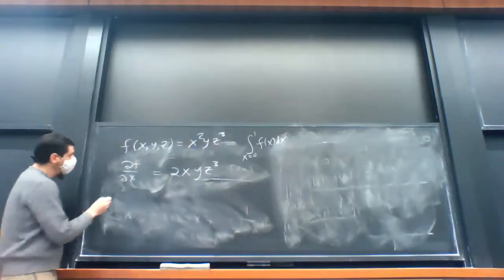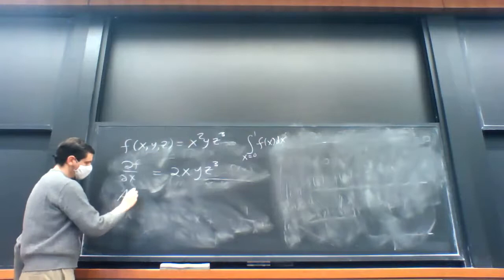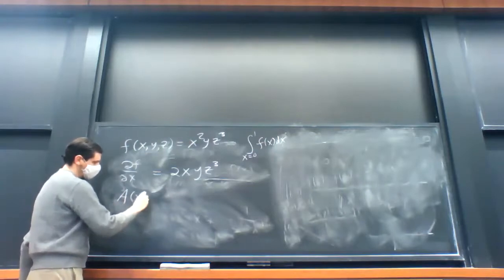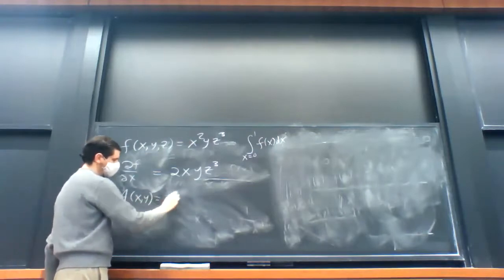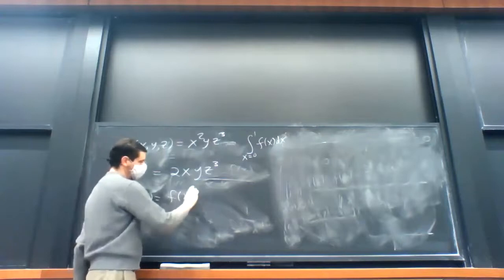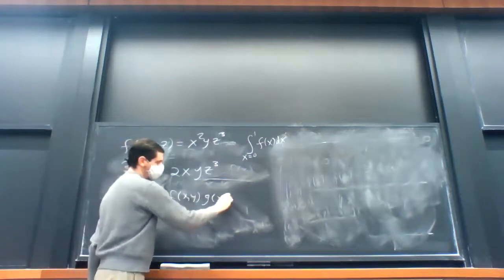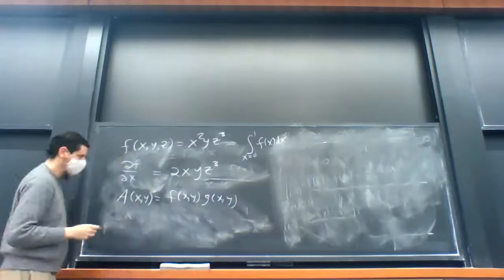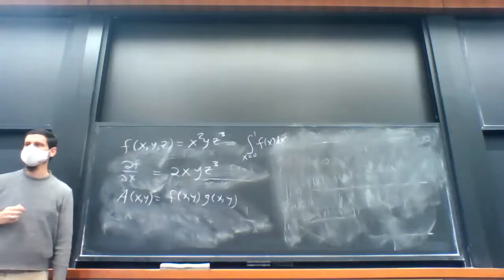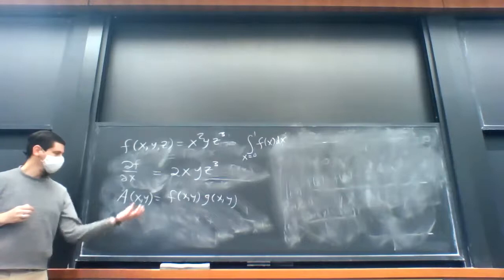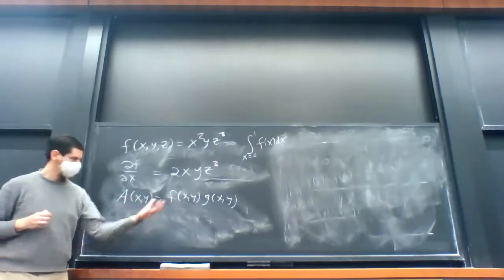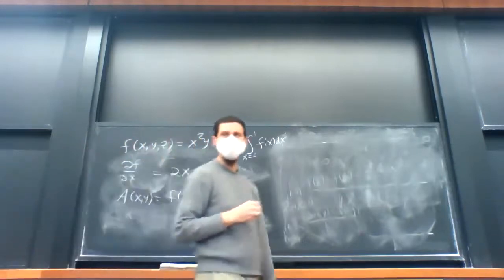Okay. What if I give you a of x, y is f of x, y times g of x, y? What do you think I want to discover now? I'm giving you a function a that is the product of the function f and the function g.